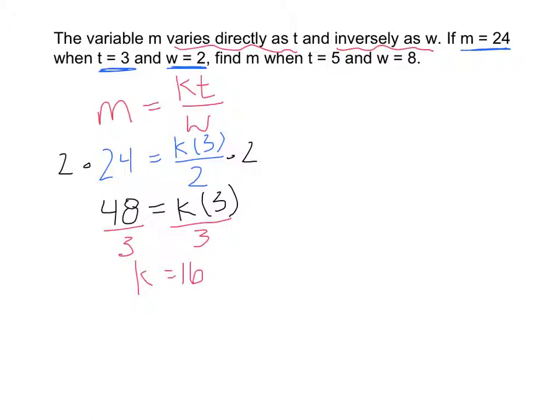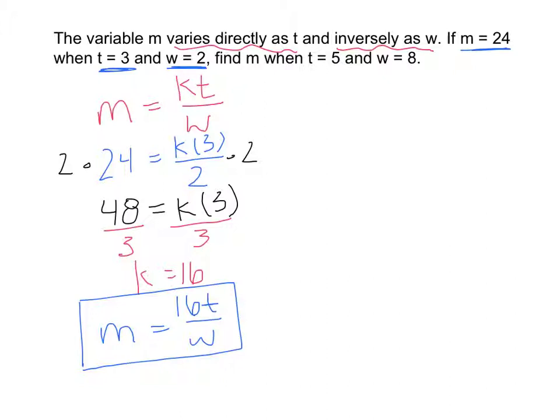Now we can write our equation that's more specific. M equals 16t over w, because it's varying inversely as w. With this specific equation, we can finish answering the question. The final part of the question says we want to find m when t is 5 and w is 8. Well, let's just plug it into all this stuff we already know.